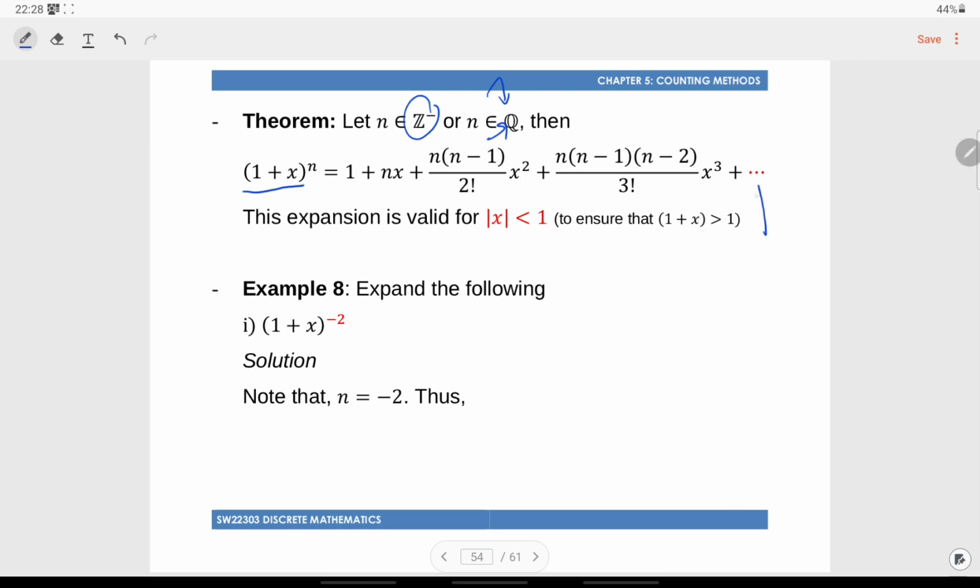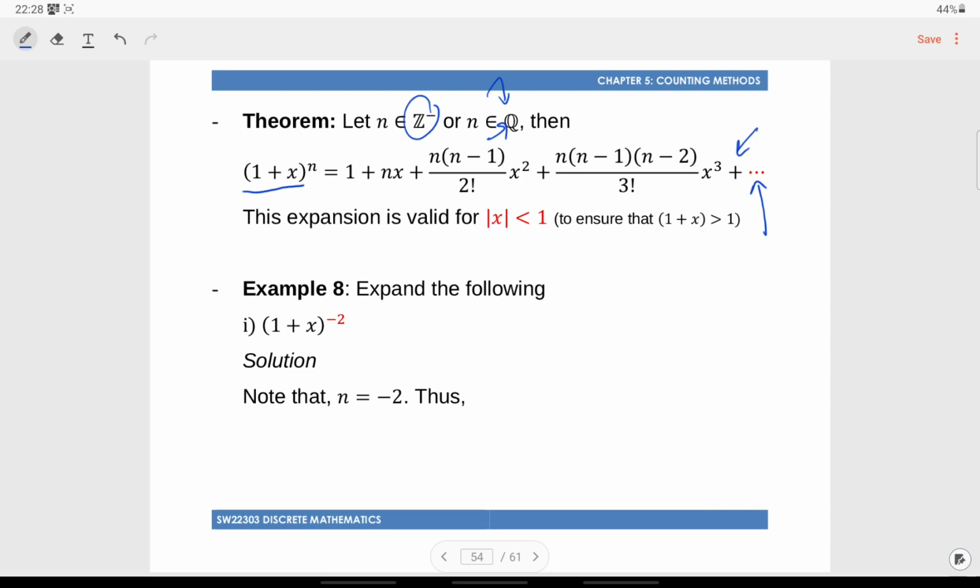Don't forget to put the triple dot, which means there are more and more terms after the addition sign. This expansion is valid for the modulus of x less than 1, to ensure that the series converges.